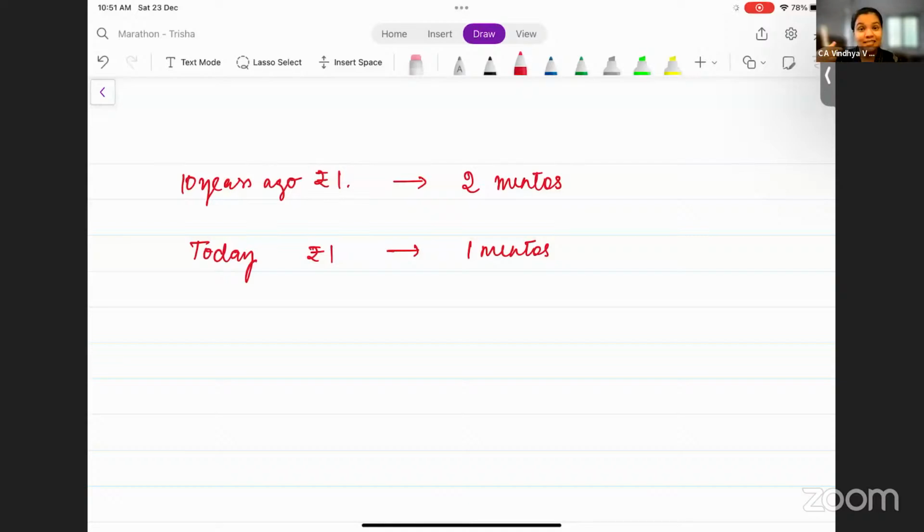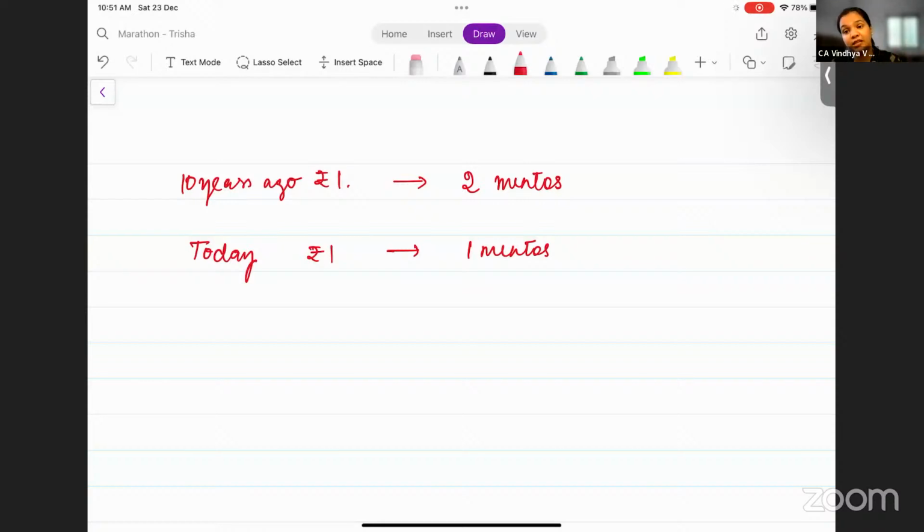Today, if you get 5 rupees, can you buy anything? Yes, you can. But will it give you the happiness you would have got 20 or 30 years ago? I don't think so.